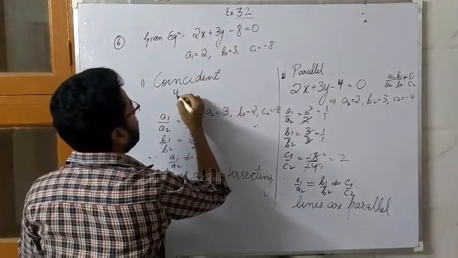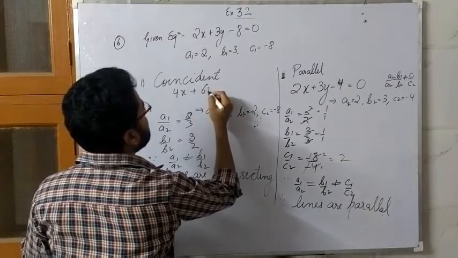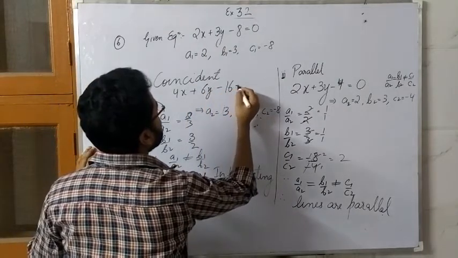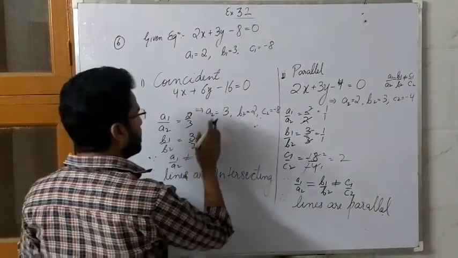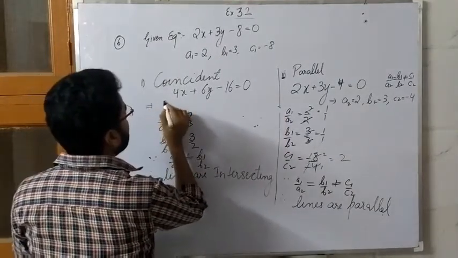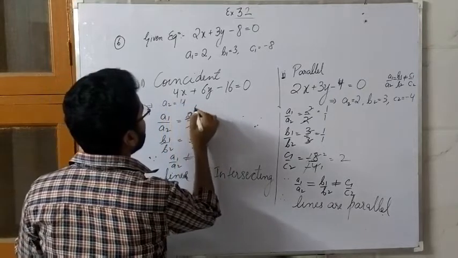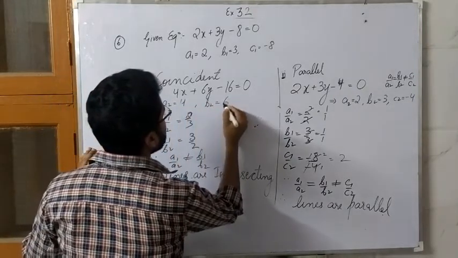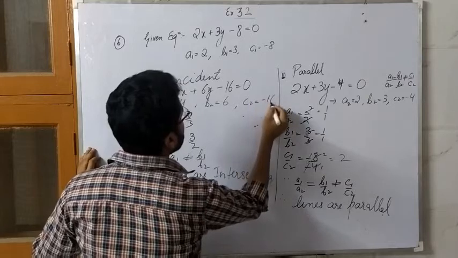So it shall be 4x plus 6y minus 16 equals to 0, right? So now you will tell here a2 is what? 4, b2 is 6, and c2 is -16.